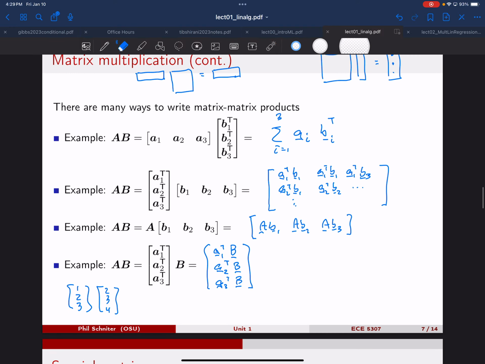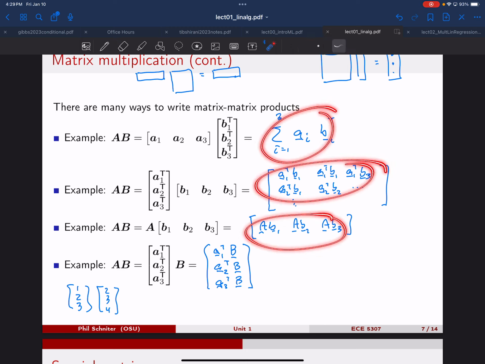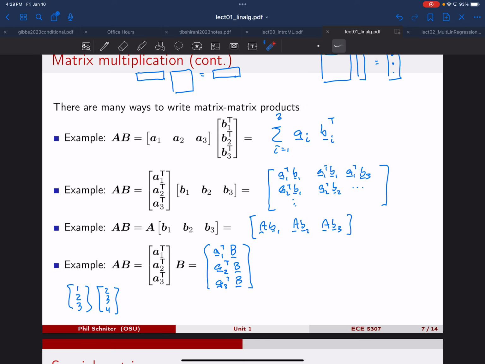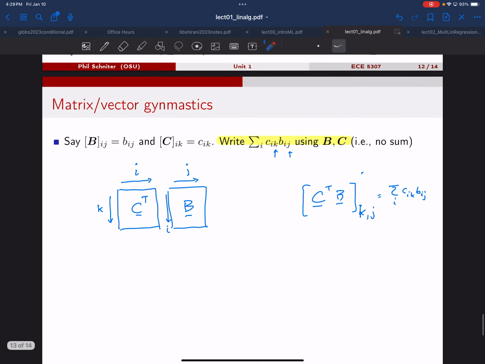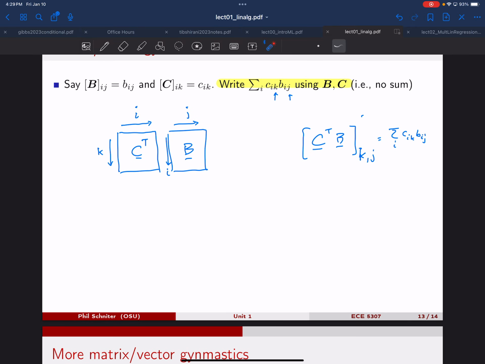Like if you have a matrix product, we can write it in many different ways. They're all equivalent. In this particular case, we were just using one of these. Okay. Good. Any other questions? Okay, is this the only way to write it? Or can anybody see an alternative way of writing this?